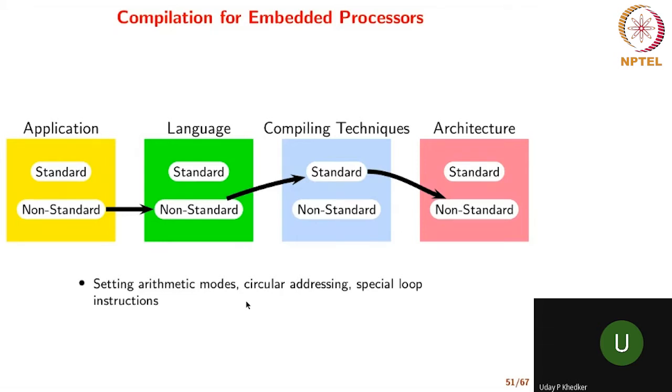The big picture that you have to take is there could be variations in the applications, in the languages, in the compiling technology, and in the architecture, and all of these pose some kind of a challenge to modern compilers.